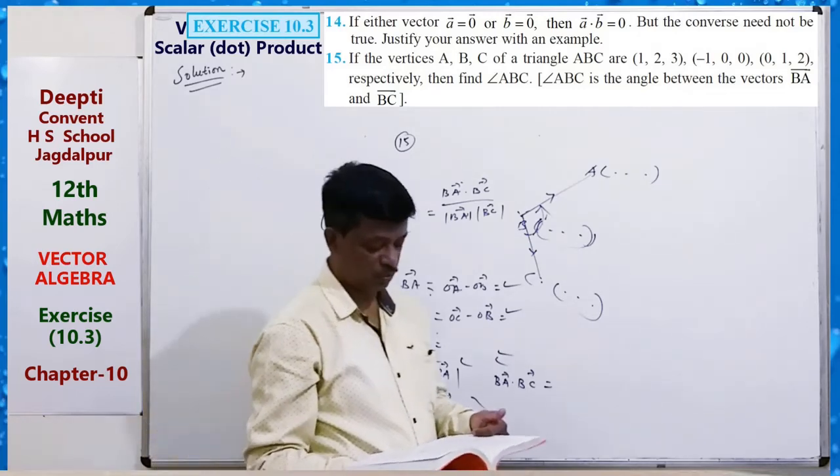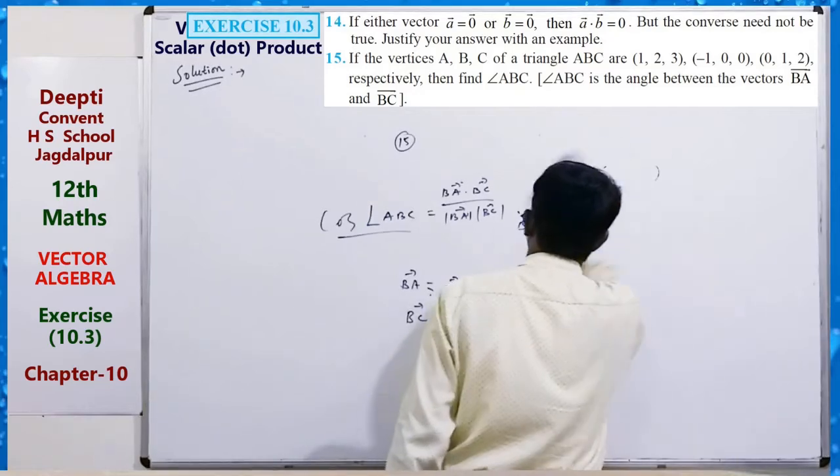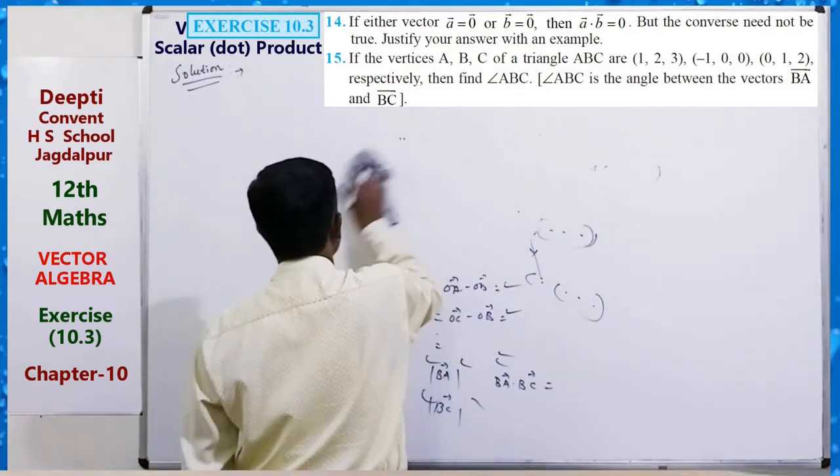Question 16. Show that the points A, B, C are collinear. For that, it is very simple.